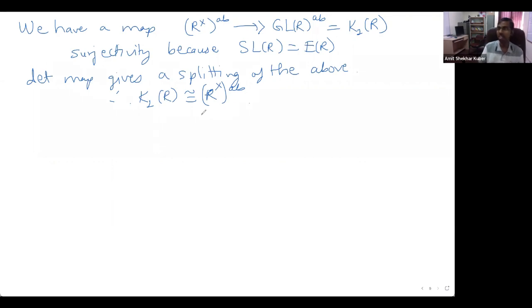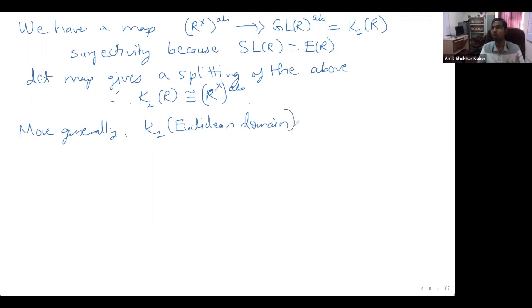Well, more generally, K1 of a Euclidean domain. So this is all linear algebra. You do linear algebra over a Euclidean domain, you have the Euclidean norm function. So you try to reduce it at every row, and every column must contain a unit.